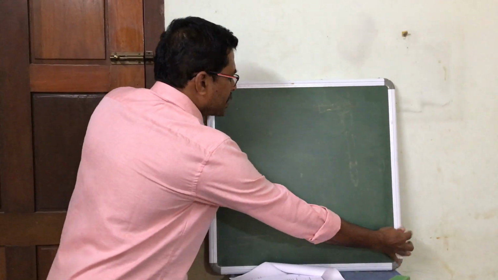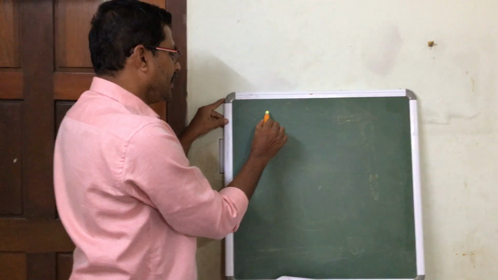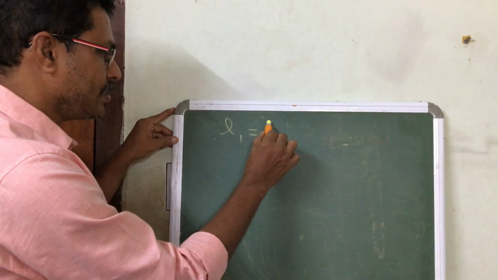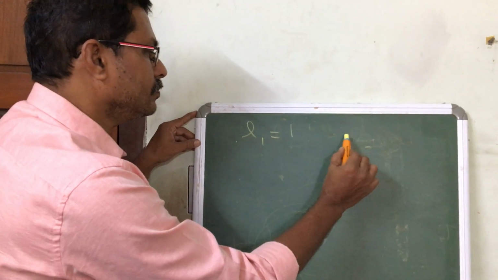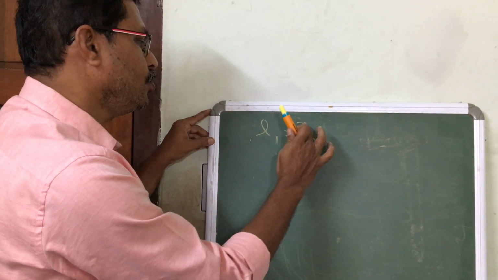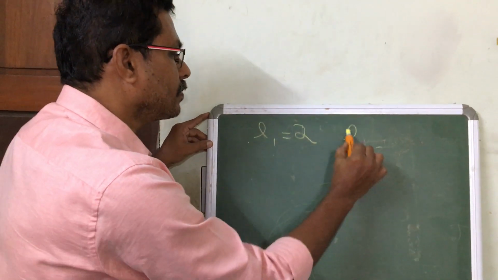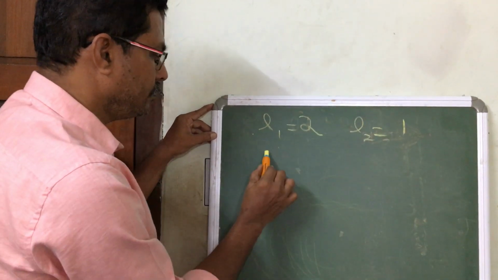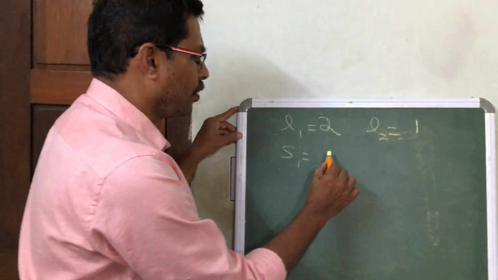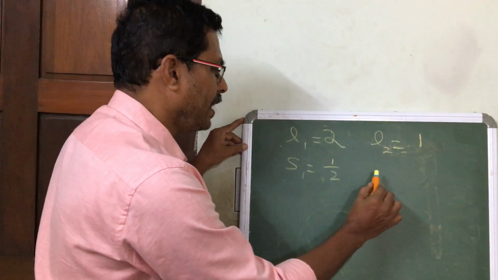As an example, you can take L1 as 2 and L2 as 1. And this is known to us: for a single electron we always have the S value as half.